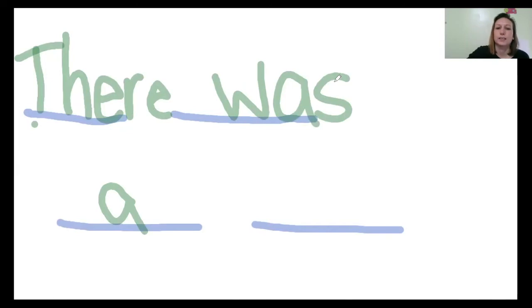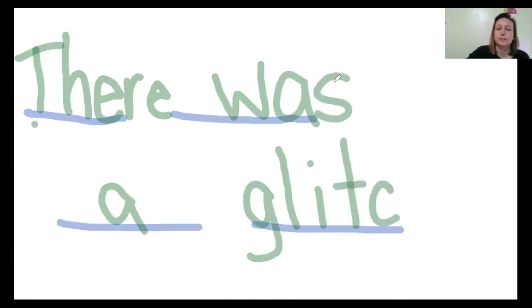G-L-I-T-C-H. I heard my I saying ih. It was a short vowel, so I used T-C-H. There was a glitch. And of course, my period at the end of my sentence.